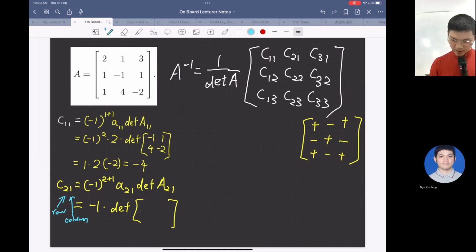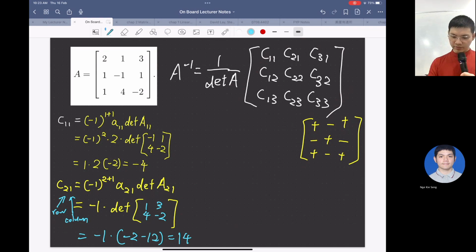Always remember the first subscript refers to row, the second to column. So this is minus the determinant of minus 2, minus 12, which is equal to 14.